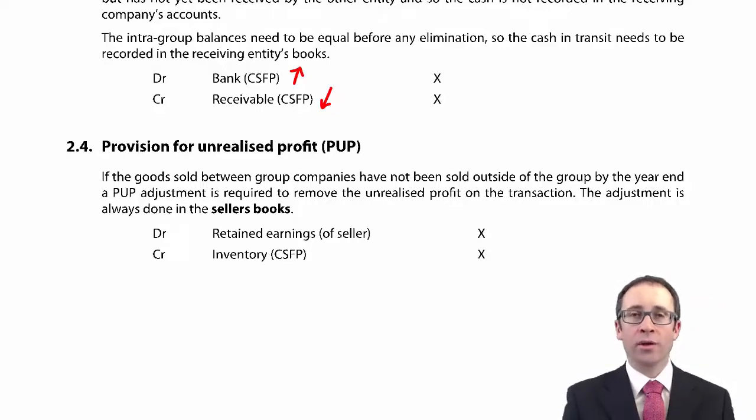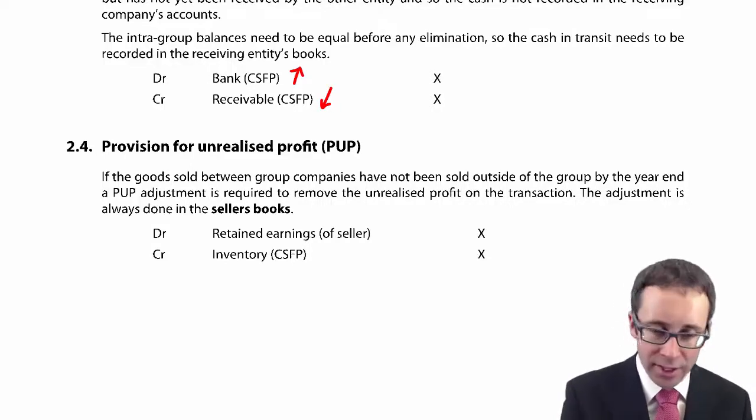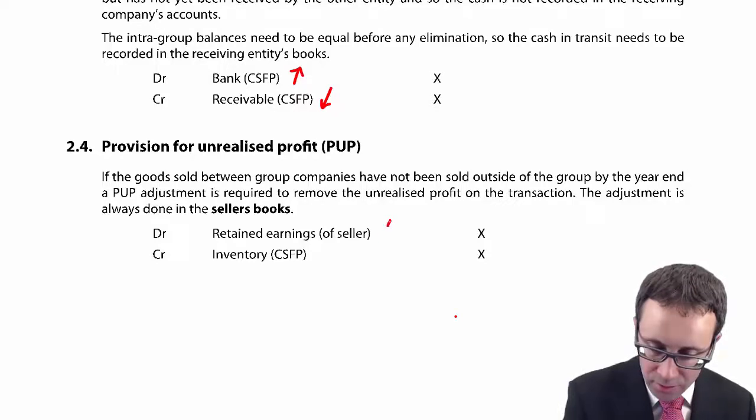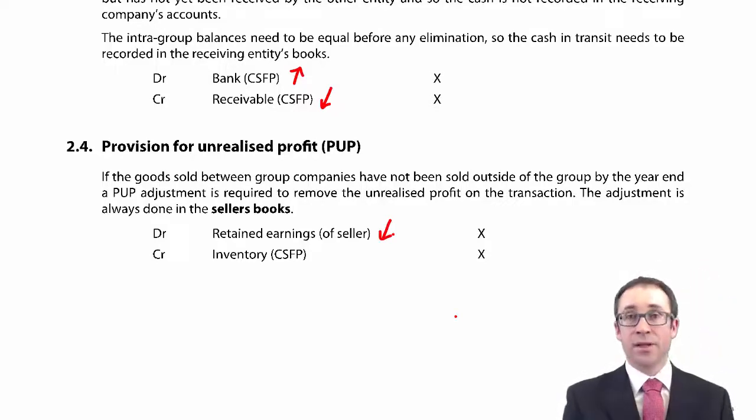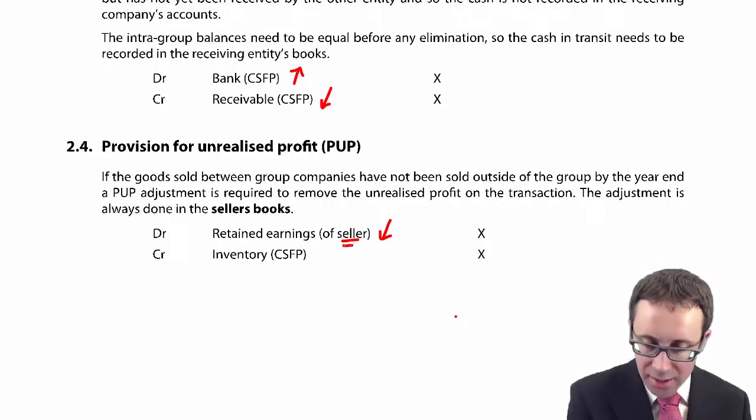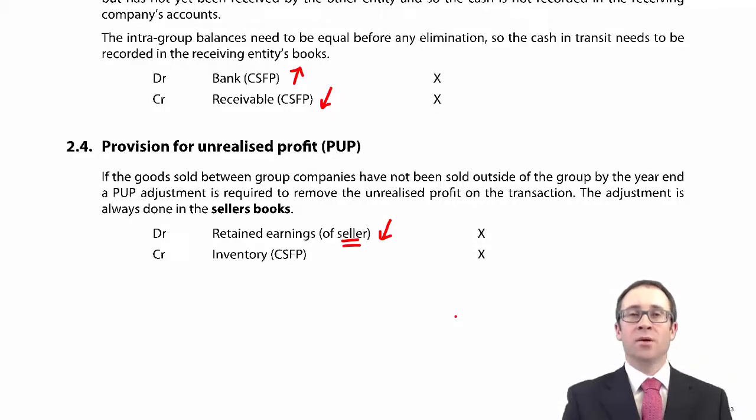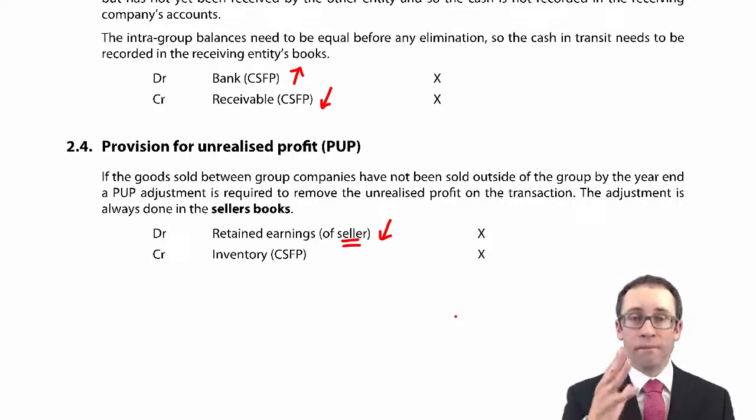You'll be told what goods are in at the end of the year, either half, 20%, 70% of the goods are still in inventory, and you adjust accordingly. You need to remove the profit, so you debit the retained earnings of the seller. So if the parent sold it, we debit the retained earnings of the parent, which is in working 5, your group retained earnings.